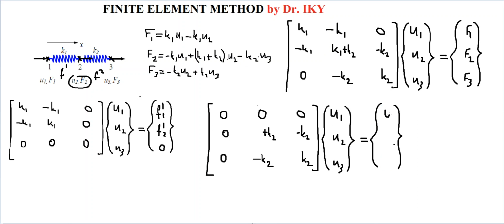Like this one, this time the third node. There is no connection with the first one. Because of that, I will write 0. For the second element, first force, second element, second force. And this is an enlarging of the stiffness matrix for elements 1 and 2.